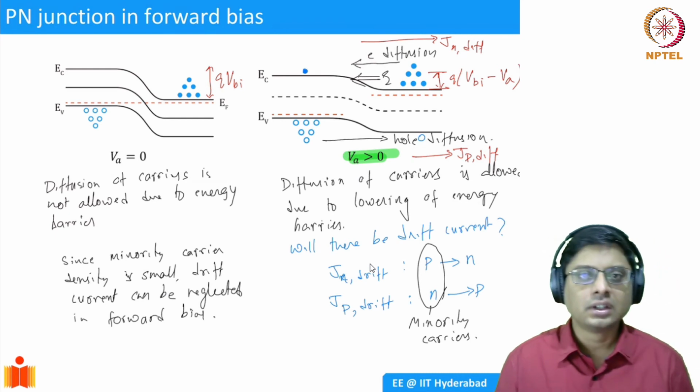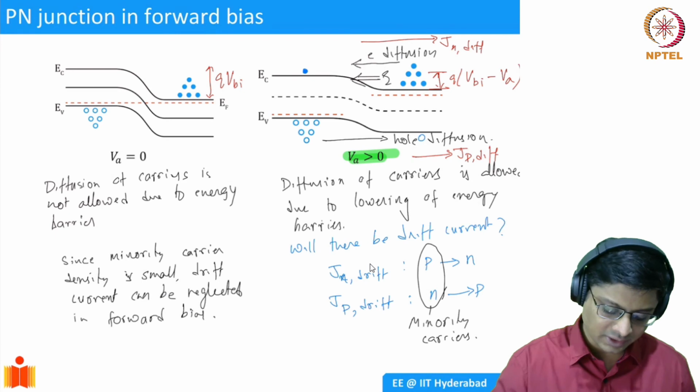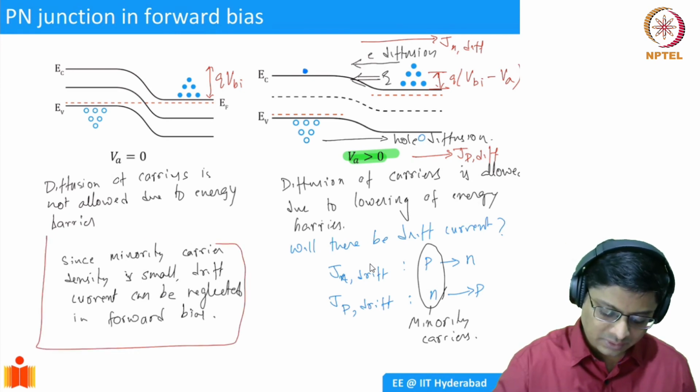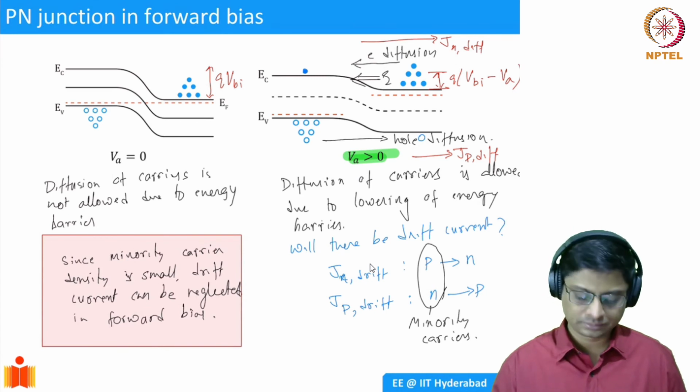All right. So this is something that we need to keep in mind when we're analyzing. In the reverse bias, we'll see that drift current is important, but in the forward bias, we can neglect it.